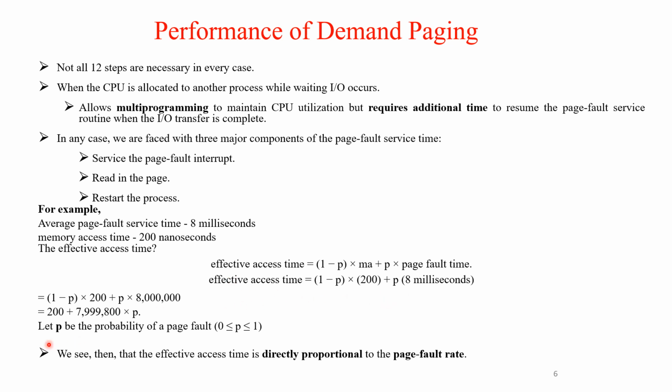P is the probability, as I already told, and it will lie between 0 and 1. From this calculation, we can see that the effective access time is directly proportional to the page fault rate. So this shows the importance of page fault handling. It is directly proportional to the access time.